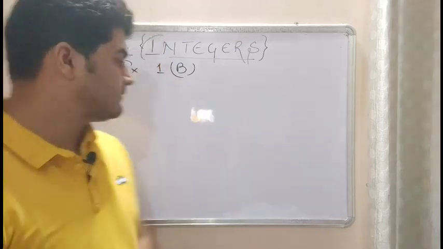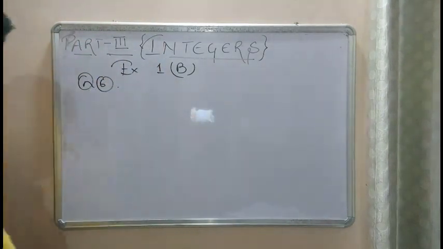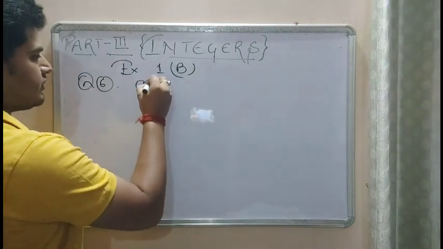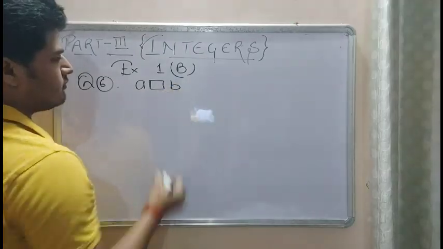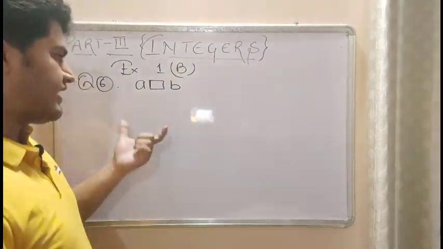Question number 6. In question number 6, it is saying that there is a function A box B. It is any function.